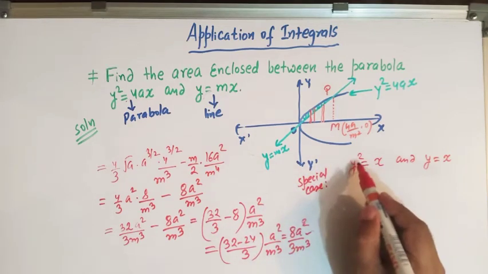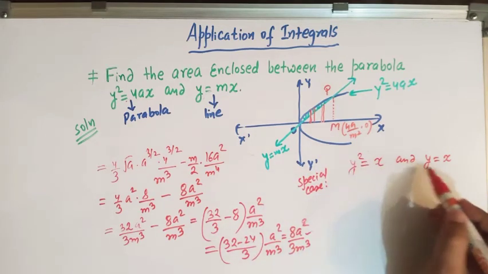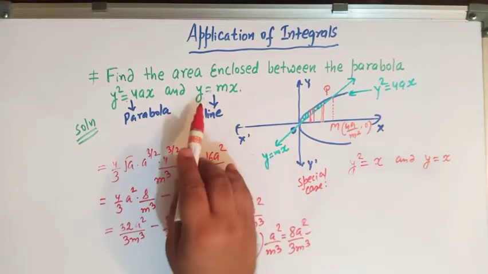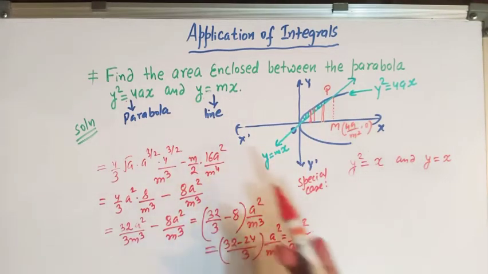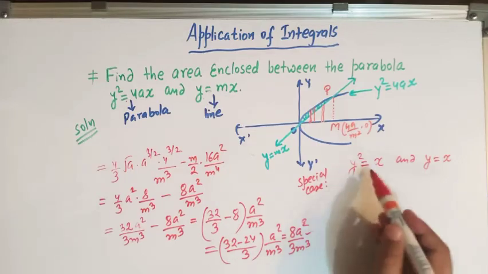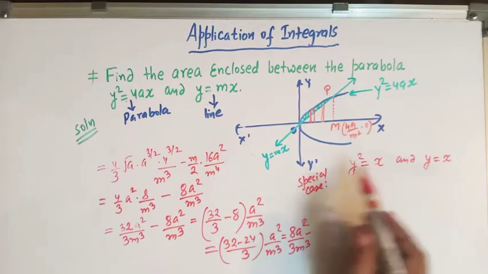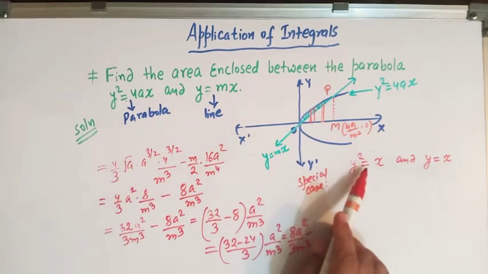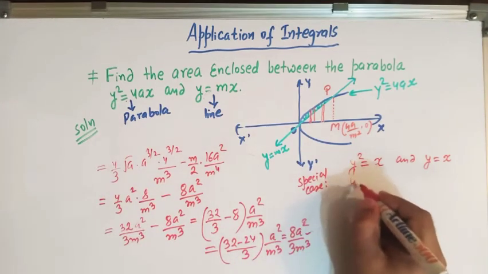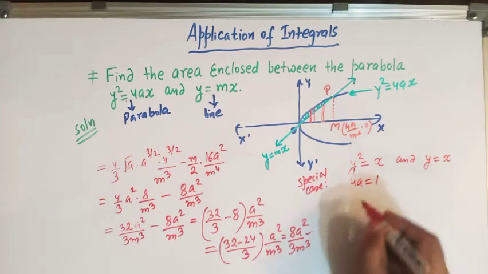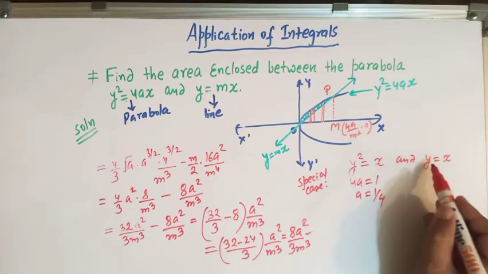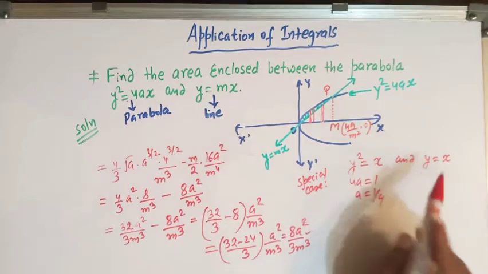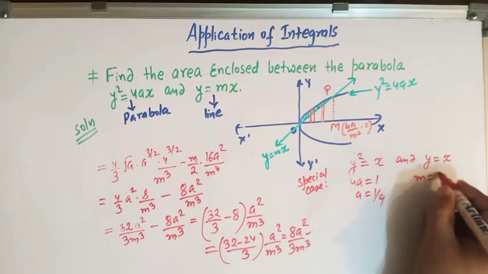If we have a parabola y square equal to x and y is equal to x is the equation of the line, then we will follow the same steps and we will find the area. So here if we compare this equation with this equation, then we have 4a is equal to 1 and a is equal to 1 by 4. And if we compare these two equations, we have the value of m as 1.